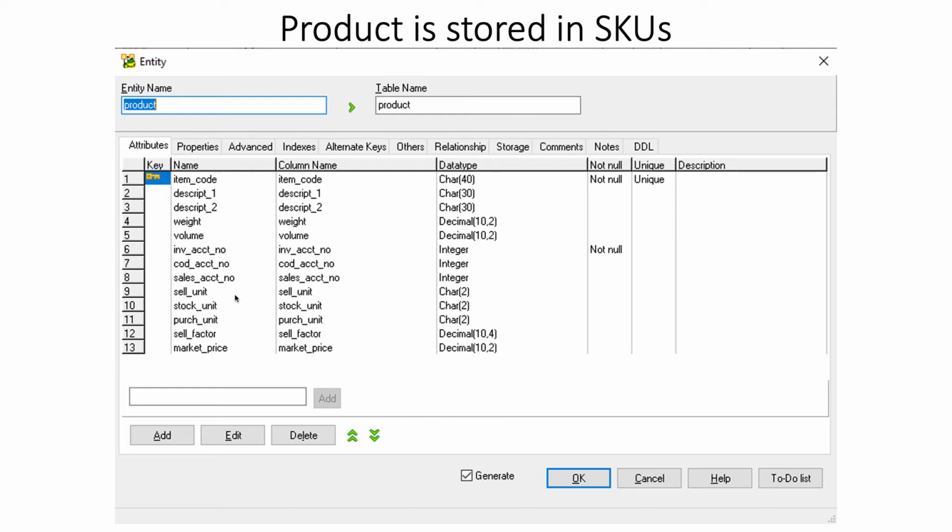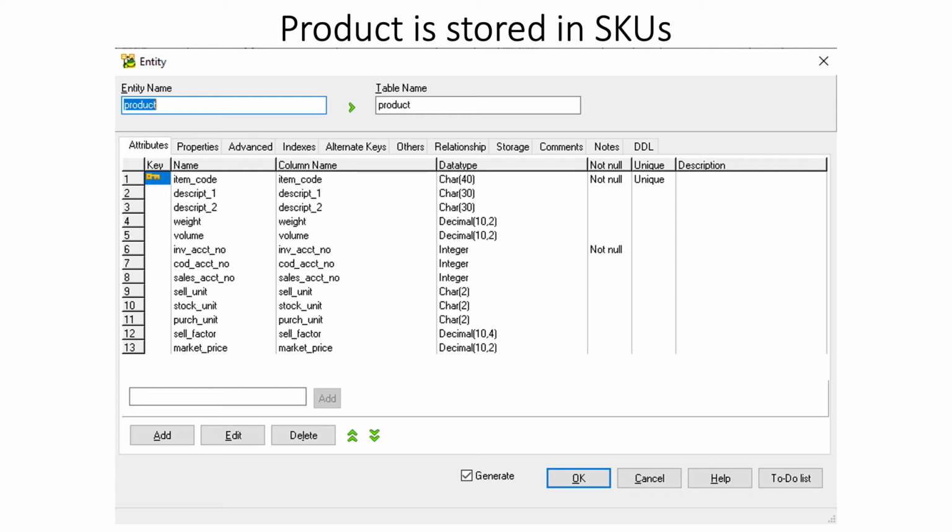So here's where we were talking about the selling unit, the stocking unit, and the purchasing unit. You're going to stock it in some unit of measure, which was, is it by the case? Is it by the pack? Is it you buy it by the yard and sell it by the pound? And then you've got factors to get between what unit of measure you buy it in and what unit of measure you sell it in.